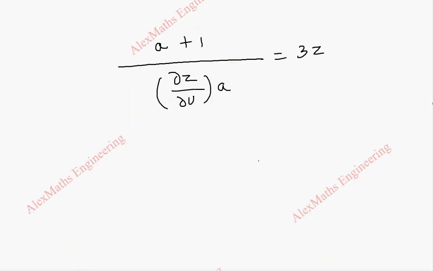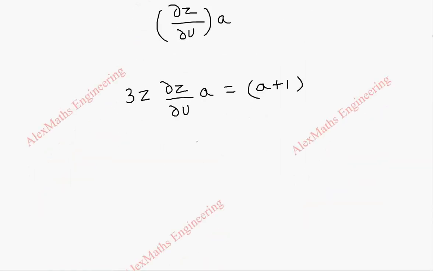Now cross multiplying, we get 3z into (dou z by dou u) into A equal to A plus 1. Now taking the constants to the other side and separating the variables, z into dou z equal to, here already we have A plus 1, and this 3A we can take to the denominator, and dou u we can take to the other side.